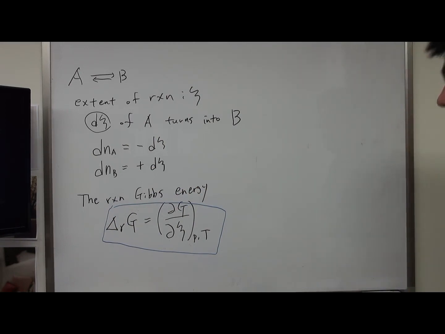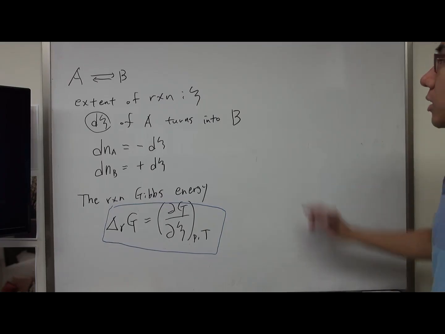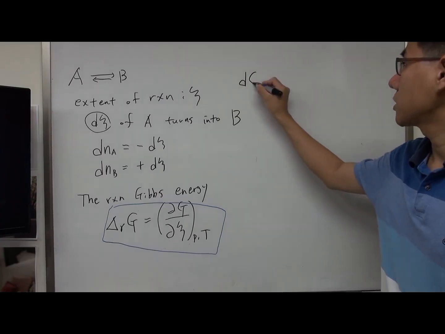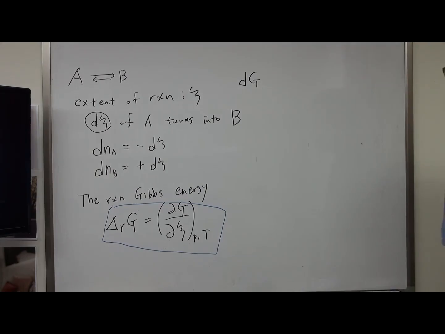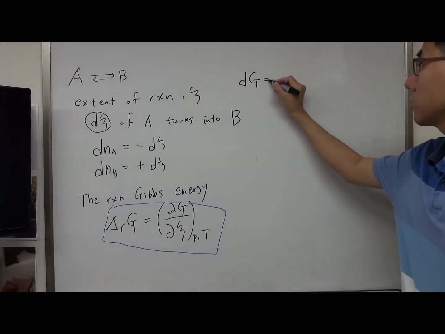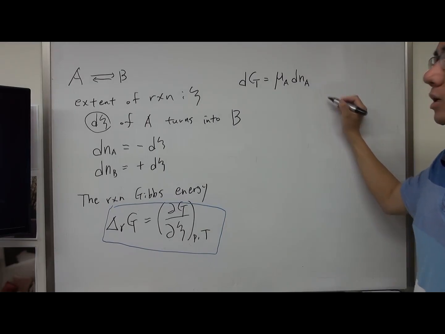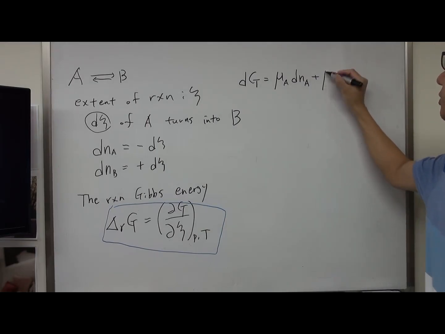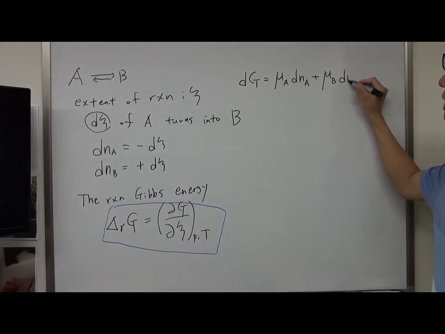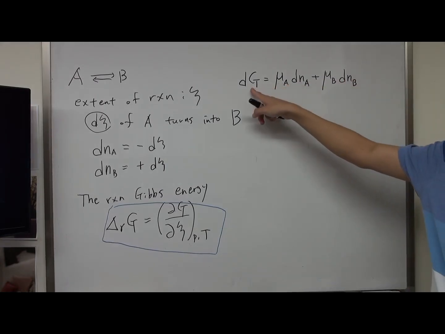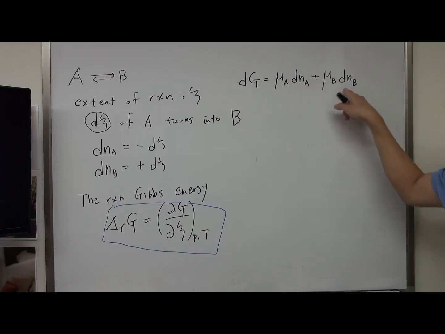If you recall, the change of Gibbs energy as a function of composition is dG equals mu A dNA plus mu B dNB, right? Remember how Gibbs energy changes as a function of composition.